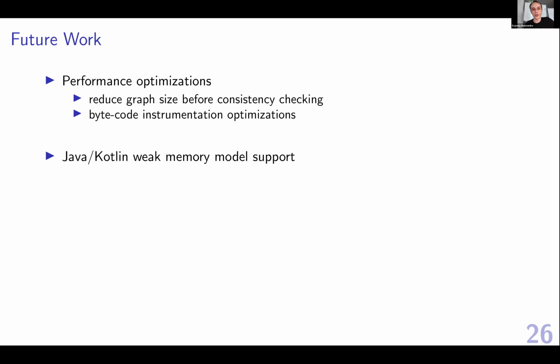So we will be able to detect behaviors that can only happen, for example, on ARM machines or x86 machines. And as I said, the algorithm is designed with this in mind, so once we finalize the algorithm, this particular task would be easier to implement.